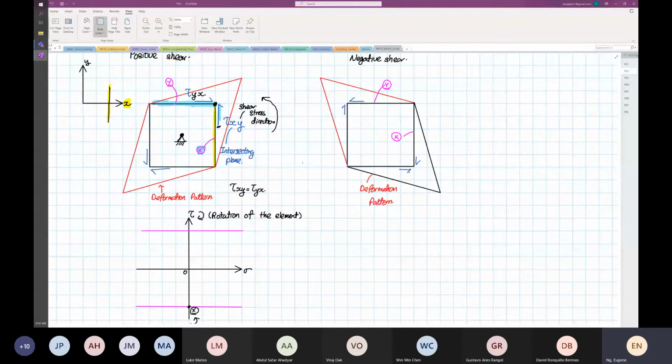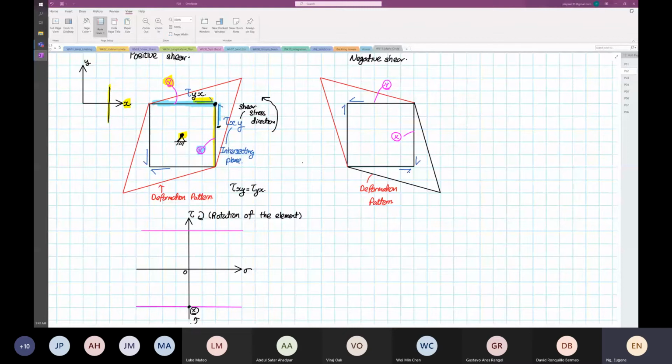So let me do it again. Let's look at point Y now, which I'm highlighting in yellow. At point Y, the shear stress is going towards the right. If we pin this box, the element can rotate.